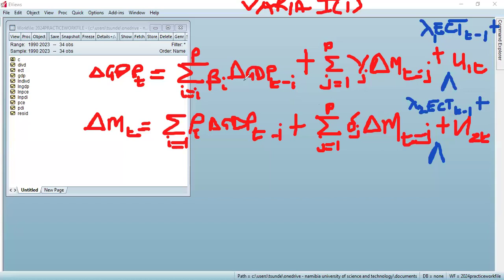If you add the error correction terms like I've done here to this vector autoregression model, then you have your vector error correction model, which we called the VECM. So this is what would give you the vector error correction model. You only specify the vector error correction model after you have tested for co-integration and found that there is co-integration amongst the variables included in the model.